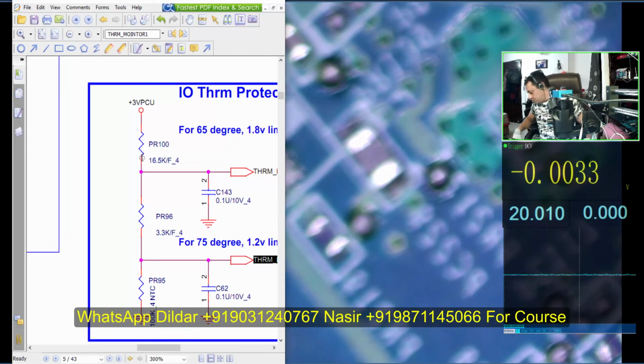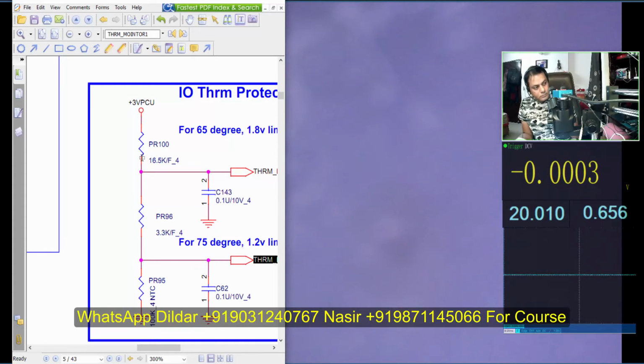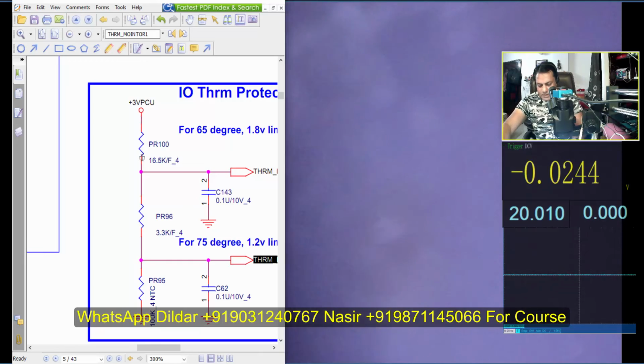I need to use RAM. I think RAM is not okay.